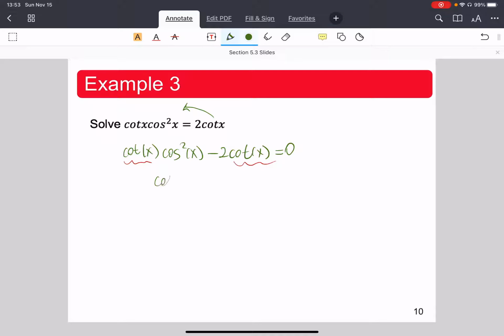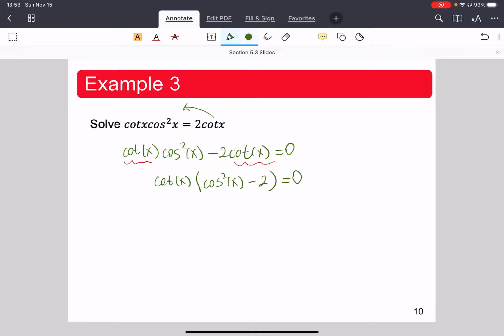So take that out, so cotangent x. Then I'm going to use a big parentheses here. Then I'm going to multiply cotangent by cosine squared to get the first term, cosine squared. And then I'm going to multiply it by 2 so that I can get that minus 2 piece, and that whole thing is equal to 0. Perfect.